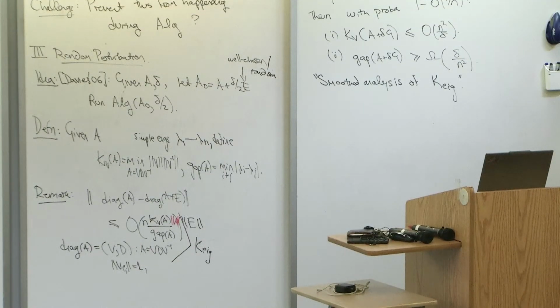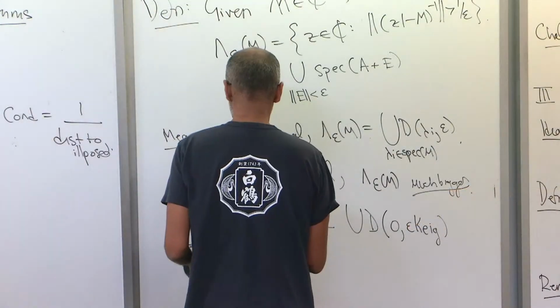There's essentially an equivalence between the structure of the pseudospectrum and bounds on that number. So the pseudospectrum of a matrix is contained in a union of disks of radius epsilon times the condition number of the eigenvalue problem. This is a fact.